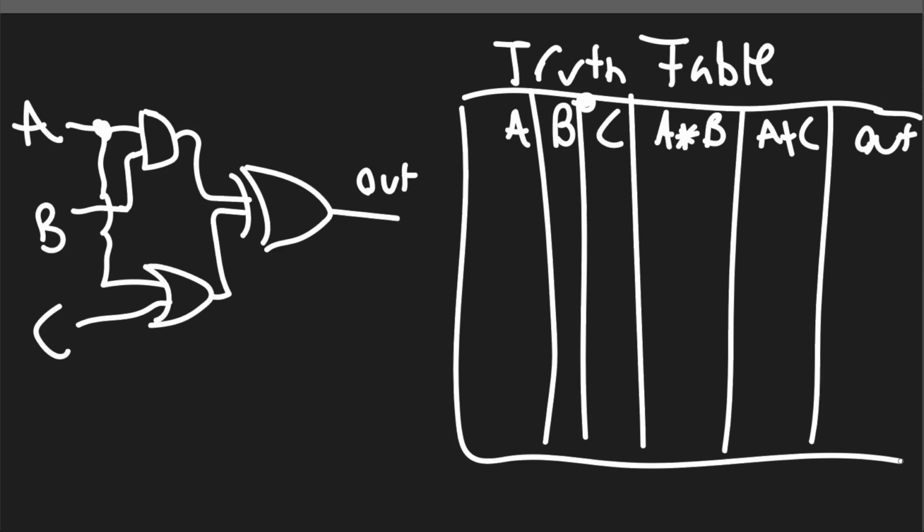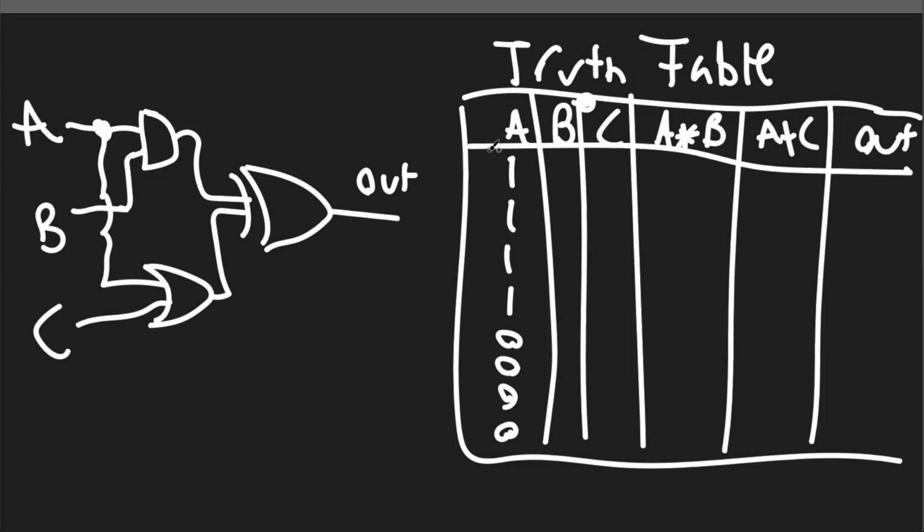Now for this, we just write every possible combination of A, B, and C. If you've ever done probability, this would be pretty simple to write out. So A can be 0 or 1. In this case, I'll draw 4 ones and then 4 zeros. I'm doing that because B can be 0 or 1 as well, and C can be 0 or 1.